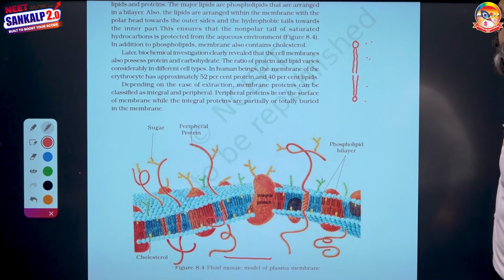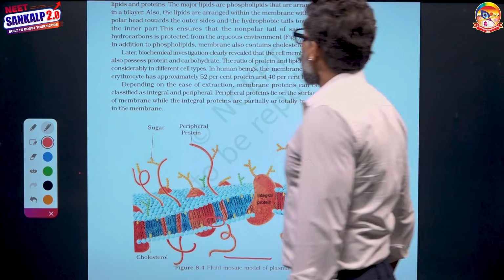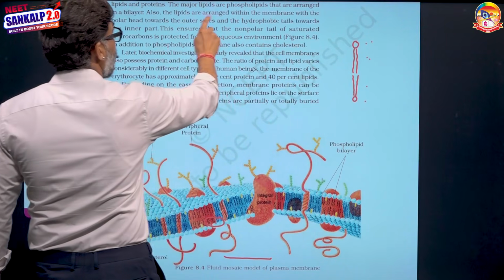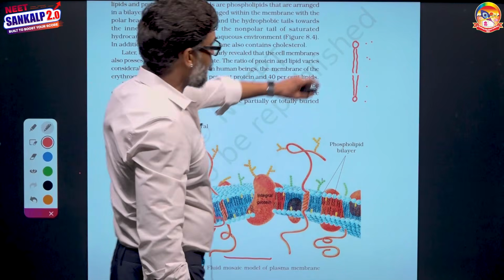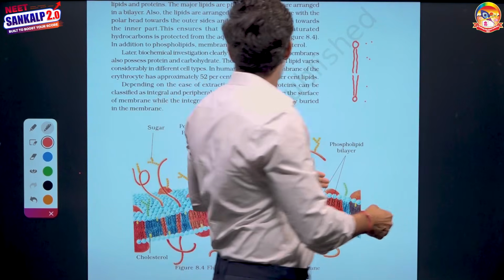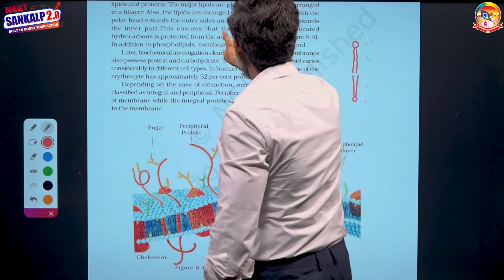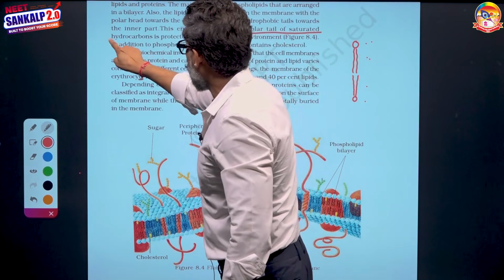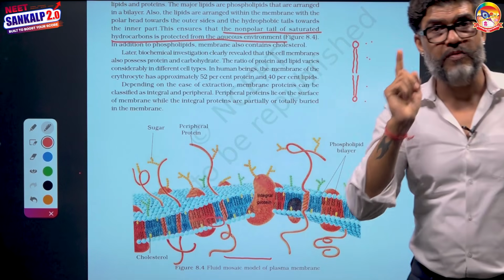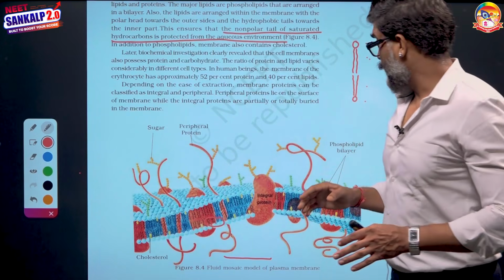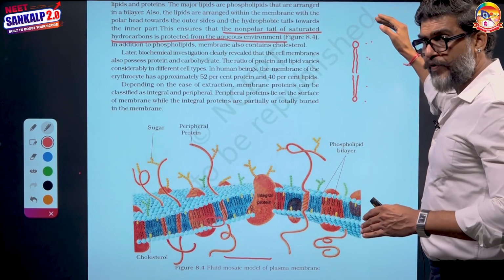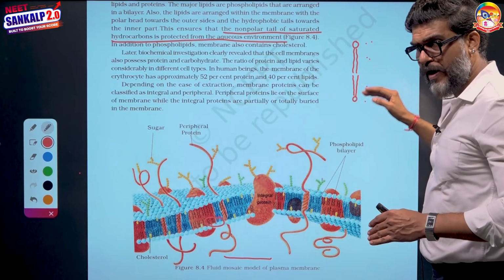Major lipid we have discussed. This particular arrangement, where the heads are facing towards the outer sides and the hydrophobic tails remain toward the inner side, ensures that the non-polar tail of saturated hydrocarbons is protected from the aqueous environment. This is one of the very important lines from the exam point of view. Such a unique arrangement of lipid in the bilayer: hydrophilic followed by hydrophobic, hydrophobic, hydrophilic.